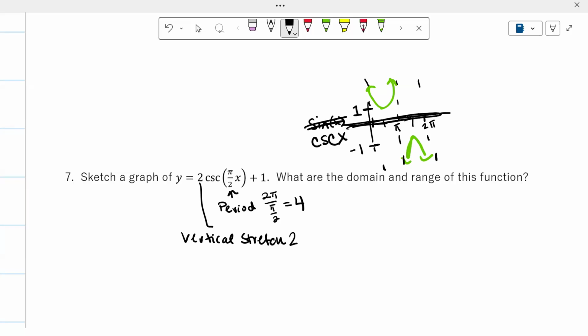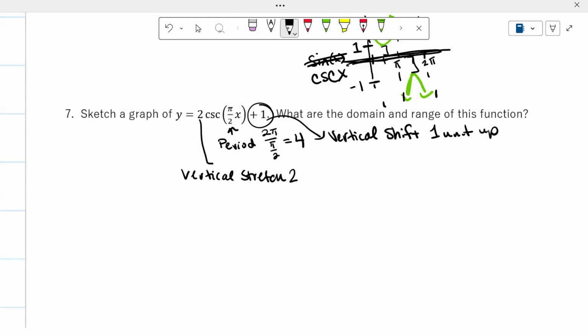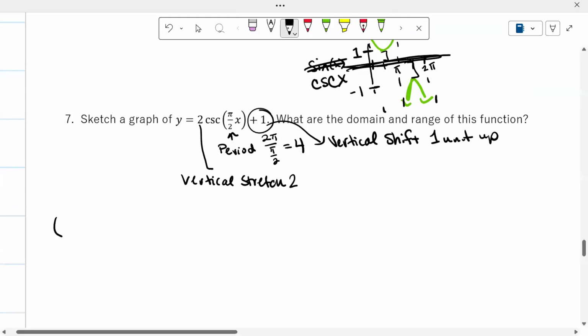So rather than this gap being 1, those gaps are 2 units big. Okay. And this +1 on the back end is an entire vertical shift, 1 unit up.